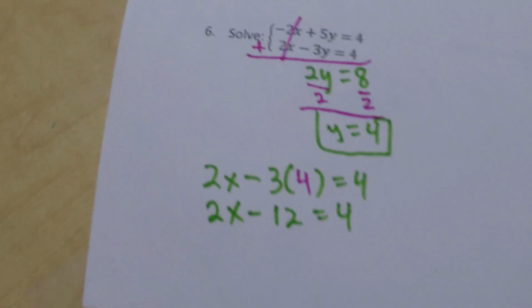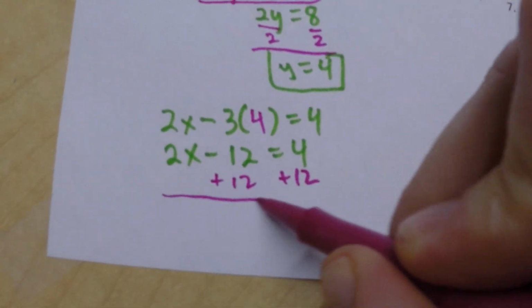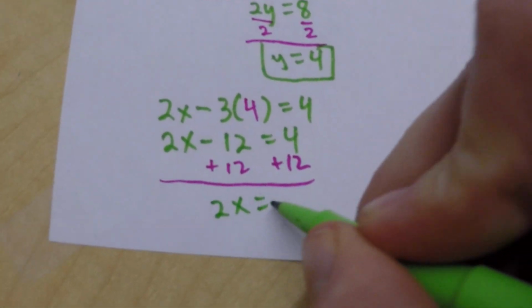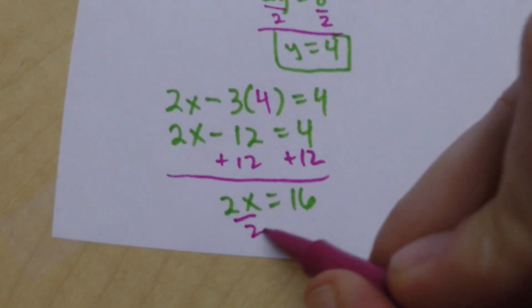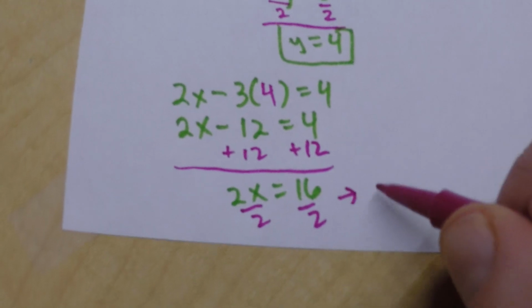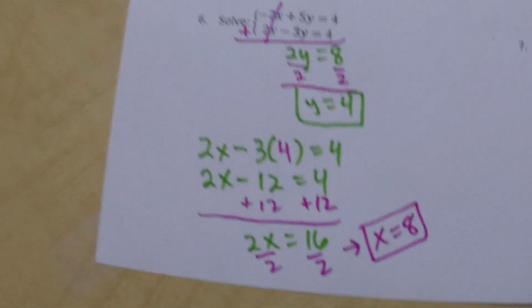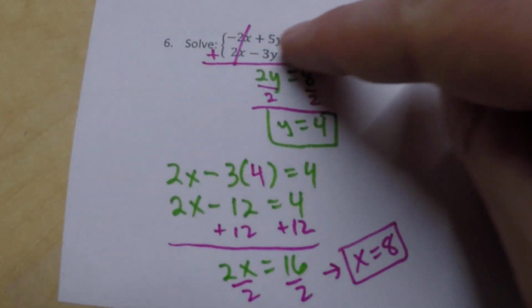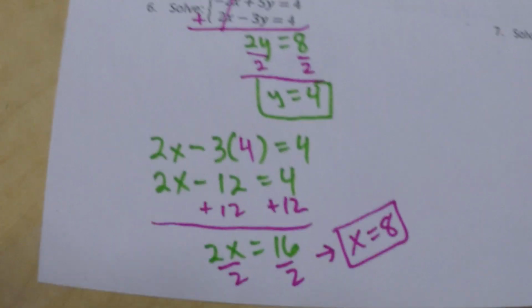So now to solve this, just like before, undo this. And I get 2x equals 16. Undo the 2. And I get x equals 8. So what I could do is check my answer, plug this and this into the top, it should be true, and plug this and this into the bottom one, it should be true.